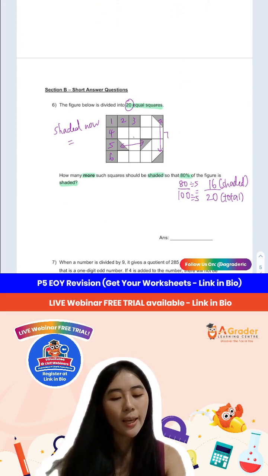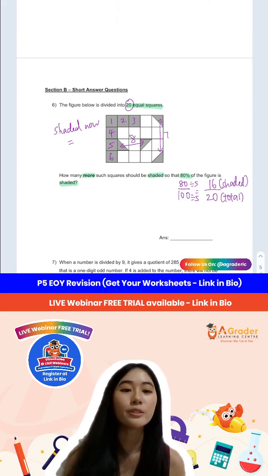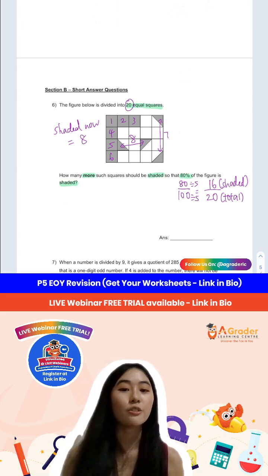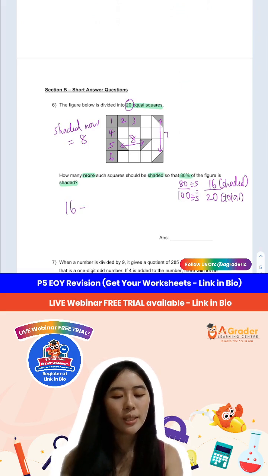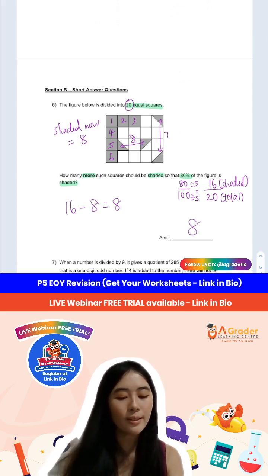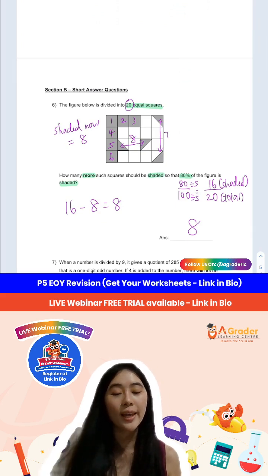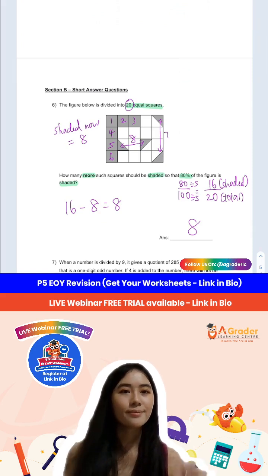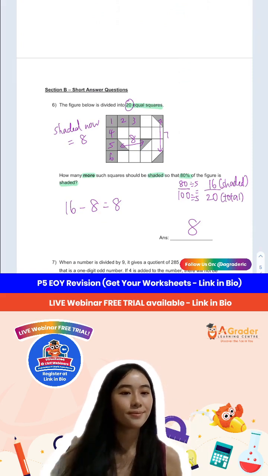So 7 and 8 after you combine the triangles. So you can take it as there are 8 that are shaded right now. So you will use 16 minus 8 equals to 8 as the answer. You should shade 8 more squares in order to get 16 squares. Everybody okay with this question?